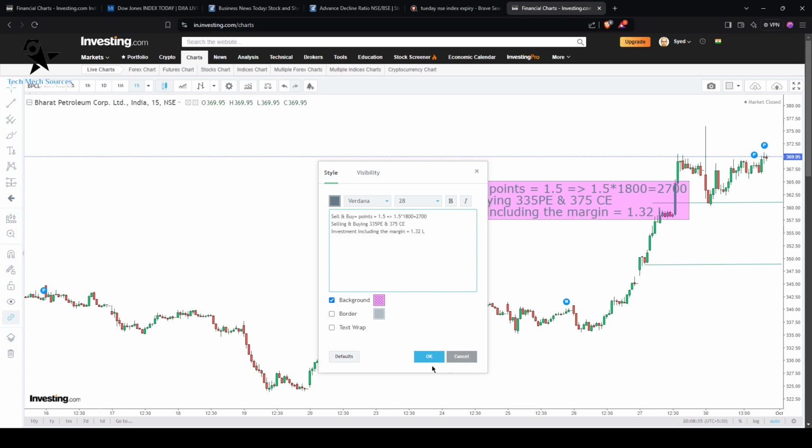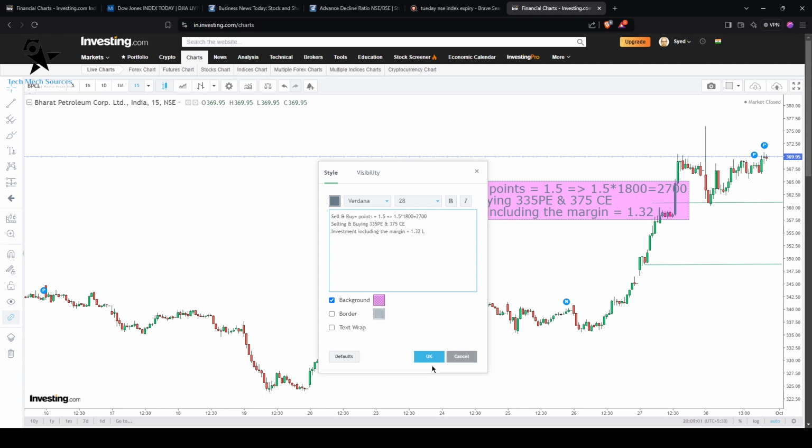2700 divided by how much? 1.32 lakhs, which is 132,000. 2700 divided by 132,000, into 100.